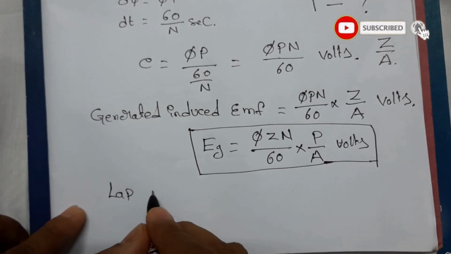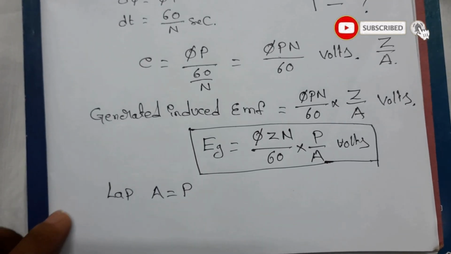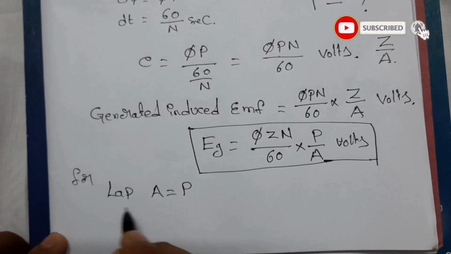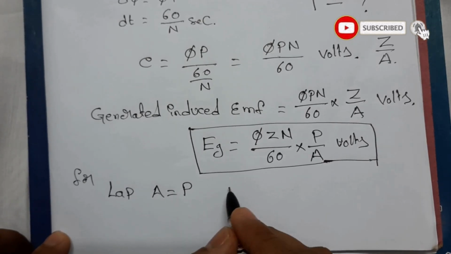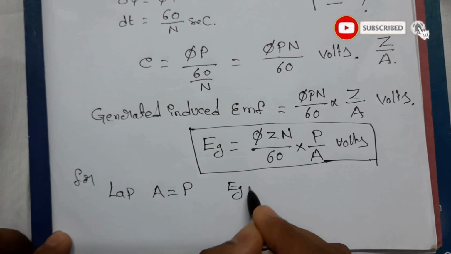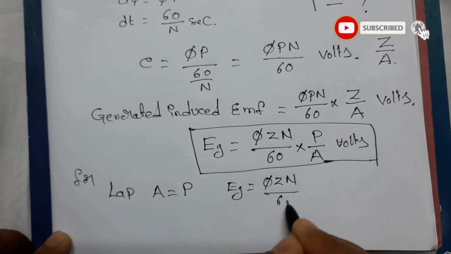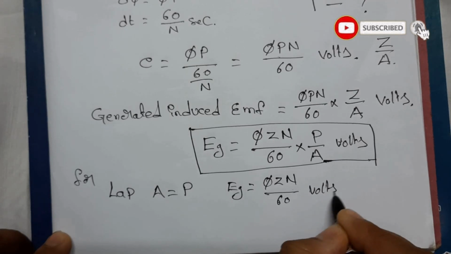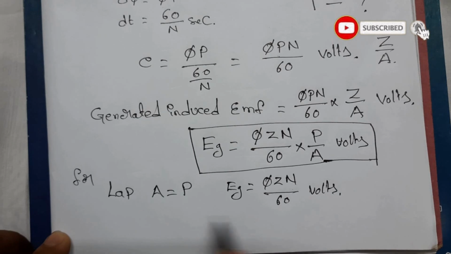In lap winding, the number of parallel paths A equal to number of poles P. So for lap winding, generated induced EMF equals ΦZN by 60 volts, since A equal to P cancel.